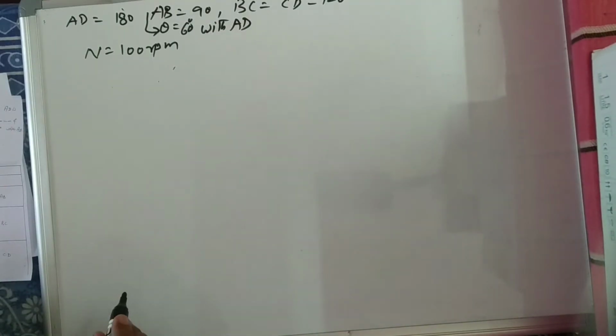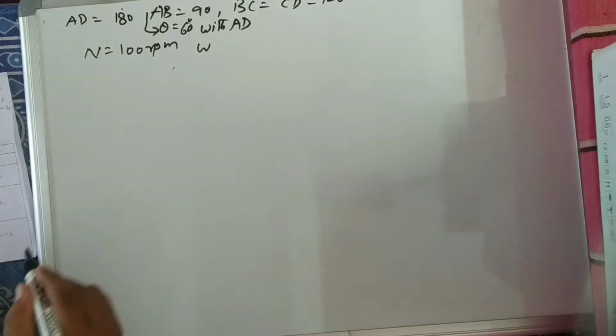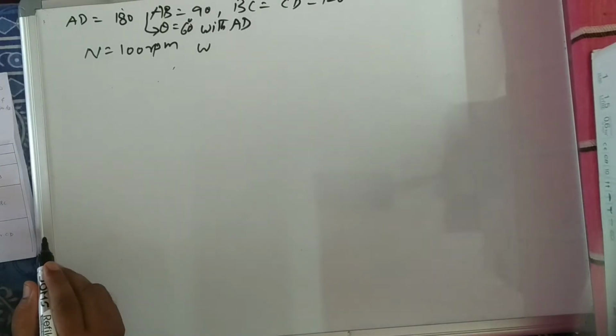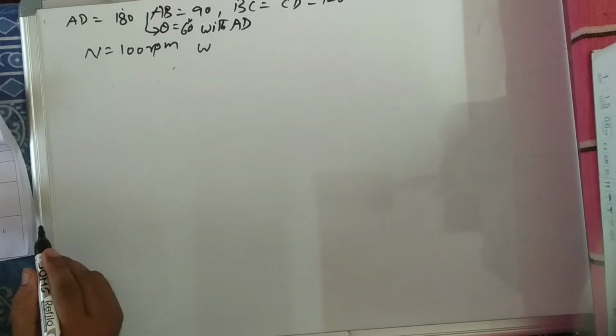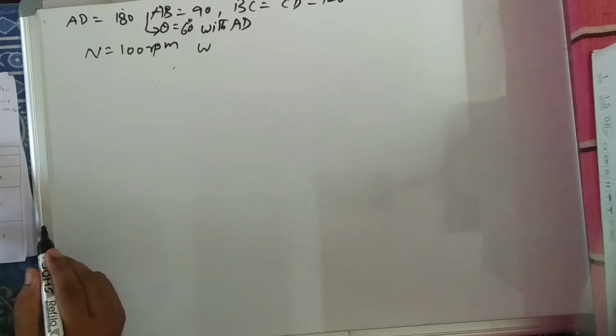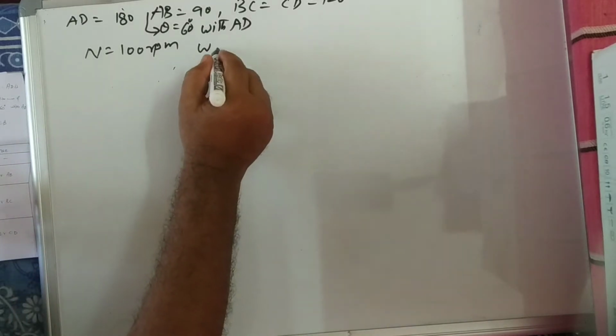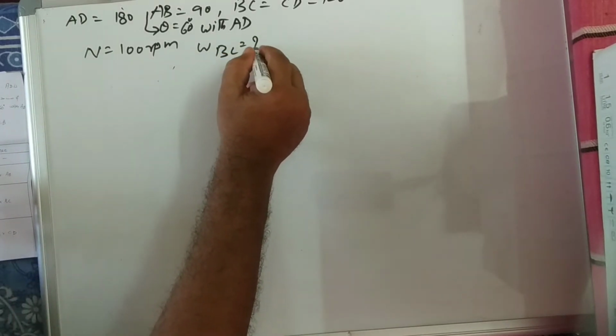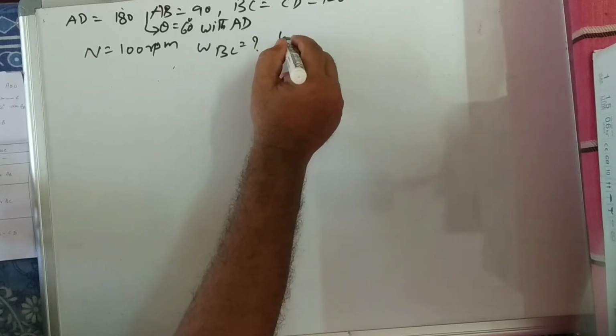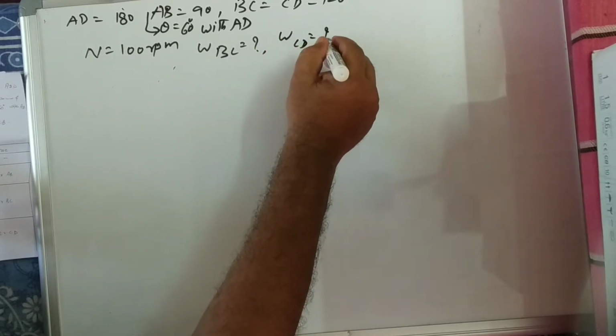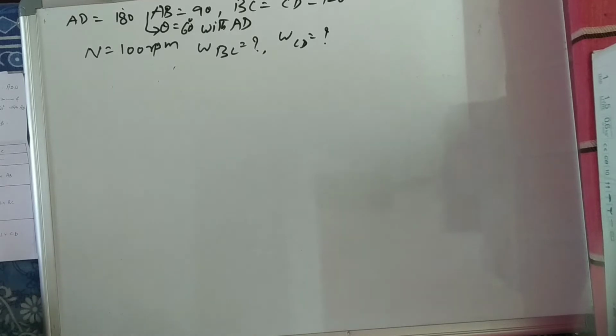So we are supposed to find the angular velocities, that is, omega BC and omega CD. These are the things we are supposed to find.